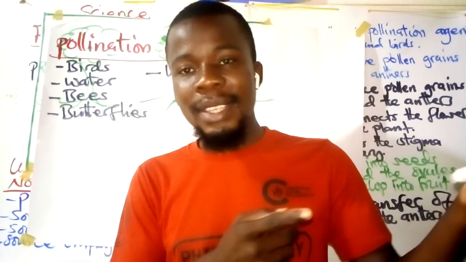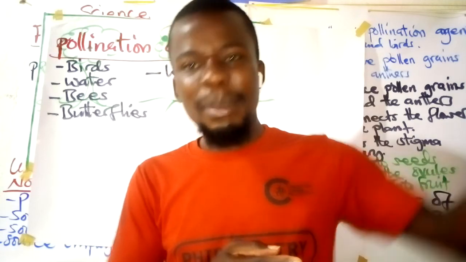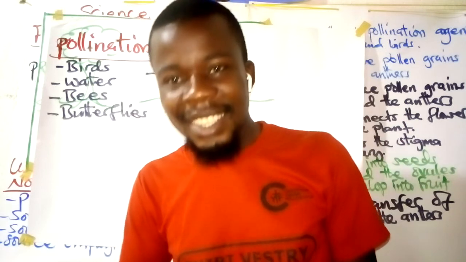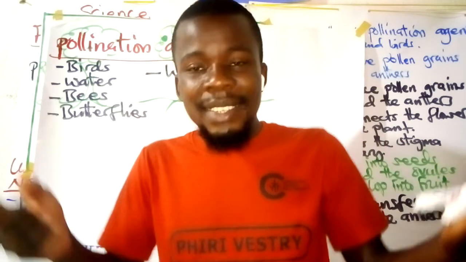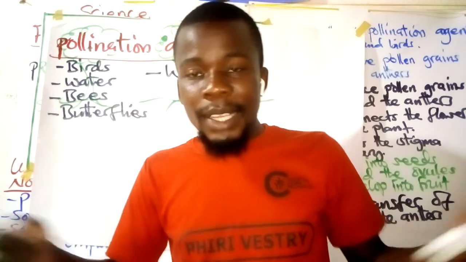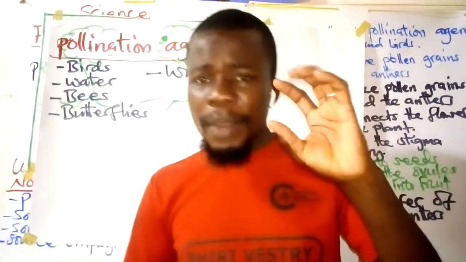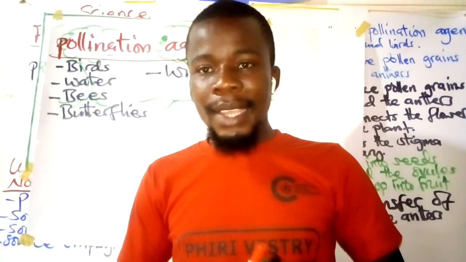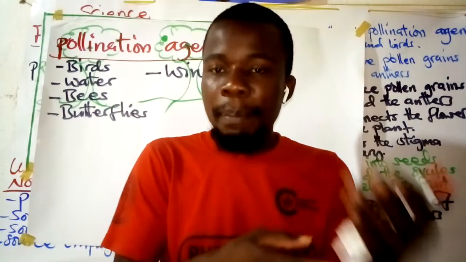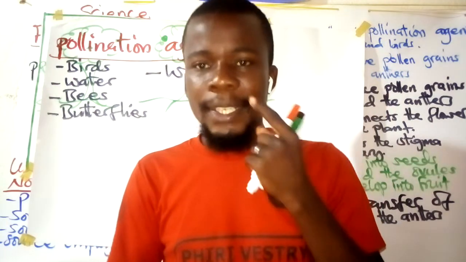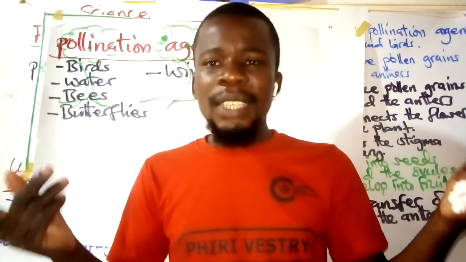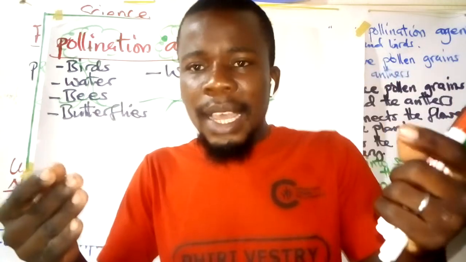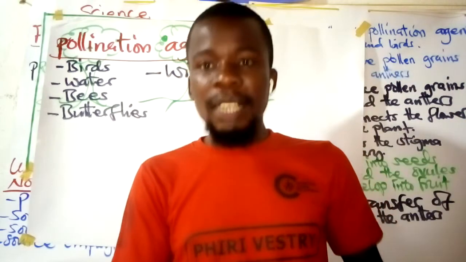Insects like bees, butterflies, even birds anyway. But a bird is not an insect. So we'll talk of bees, butterflies, all right? So how do they differ? What is the difference between the insect pollinated flowers and the wind pollinated flowers?